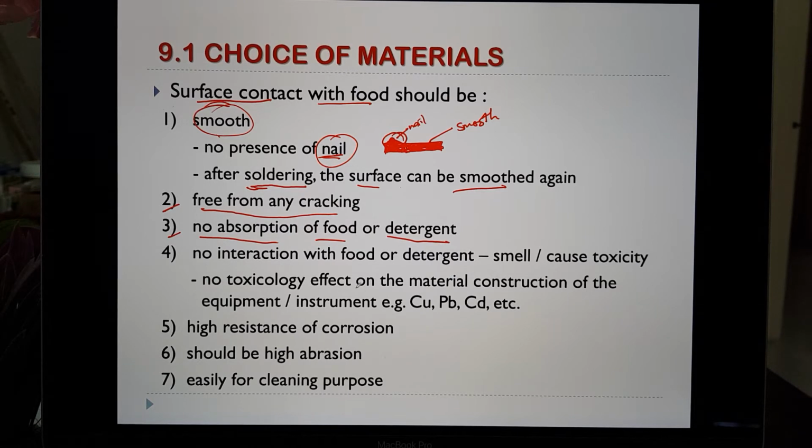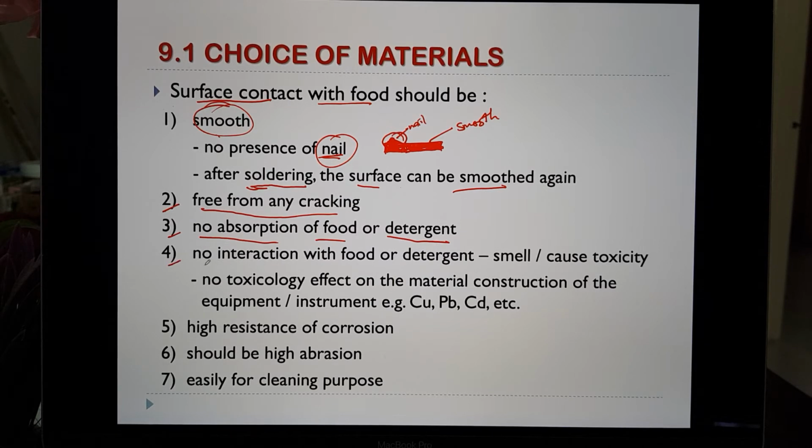The plastic will absorb the color of the turmeric, and it is difficult to remove the color from that chopping board. So that is the absorption of food on the surface.